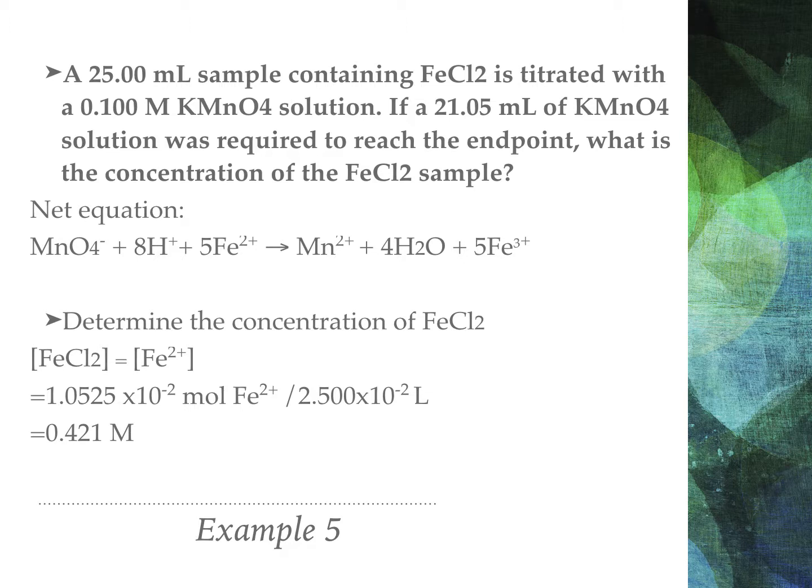Since we have used a 25 milliliter sample of iron chloride, we must divide the number of moles found from the previous calculation by 25 milliliters. That leaves us with a final concentration of iron chloride of 0.421 molar. Since the lowest number of sig figs in the question was 3, our answer will end with 3 sig figs.